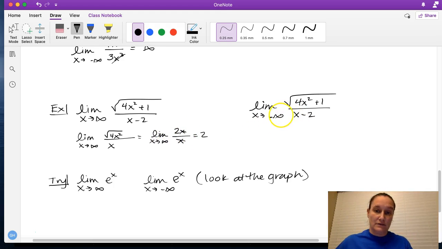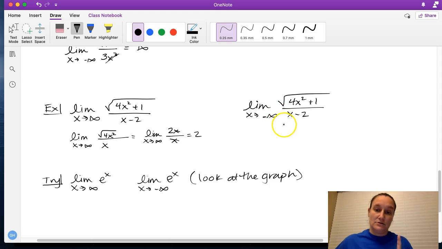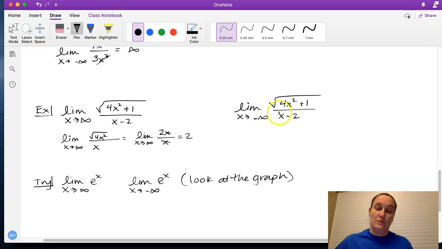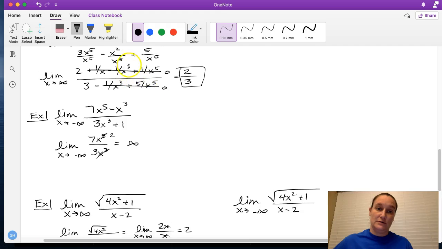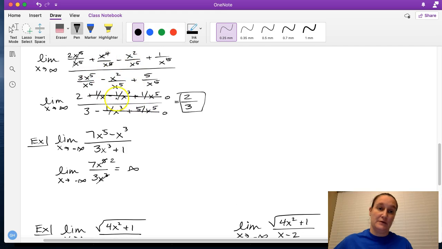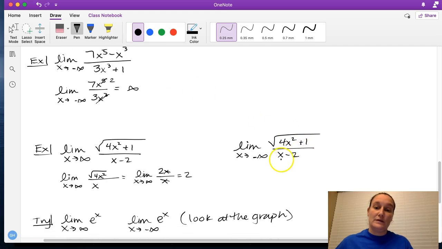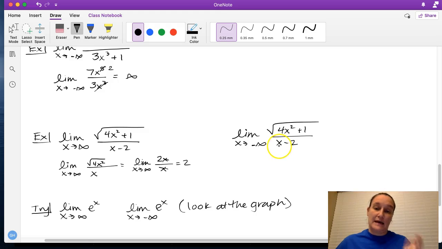Now the negative infinity, that's a little trickier. The issue is that x is negative. Where this goes back to is when you're dividing by this highest power from the denominator. If you were to actually do that, when you divide everything by x, you're going to take this whole square root by x.